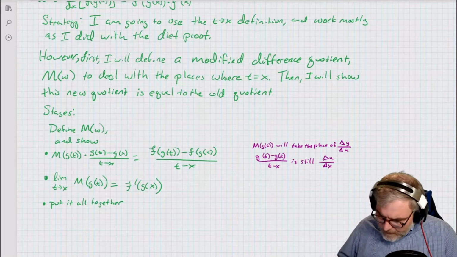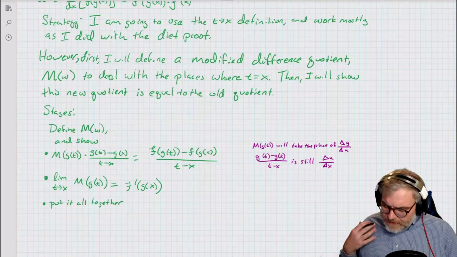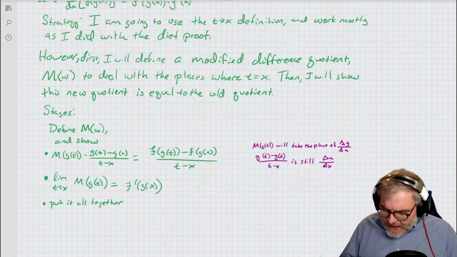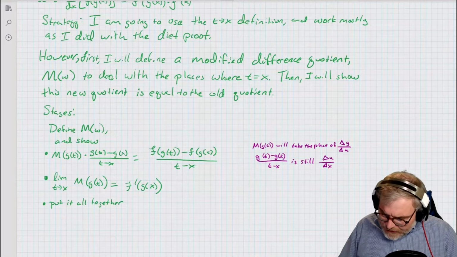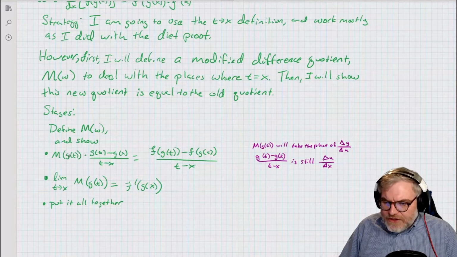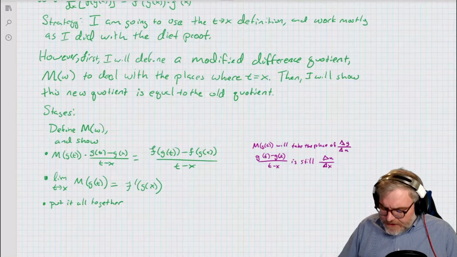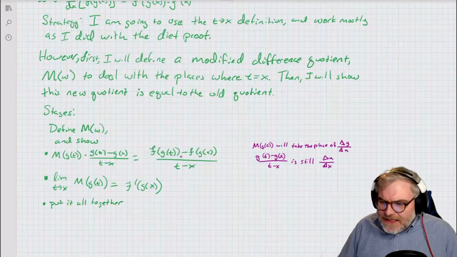So I'm going to do a proof in stages. First, I'm going to define what this m of w is, and then I'm going to show the following 3 things. I'm going to show that this, which was change in y over change in u, times this piece, which is change in u over change in x, is still equal to my big change in y.